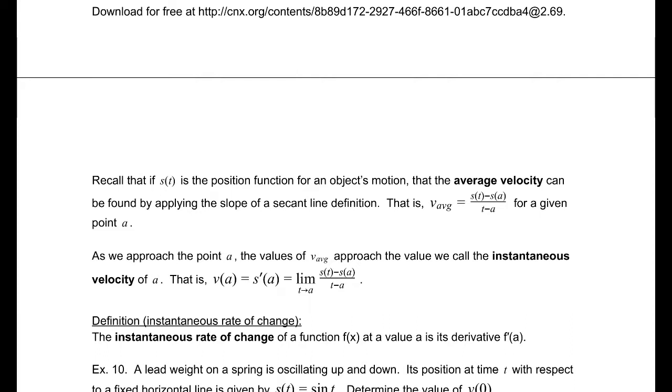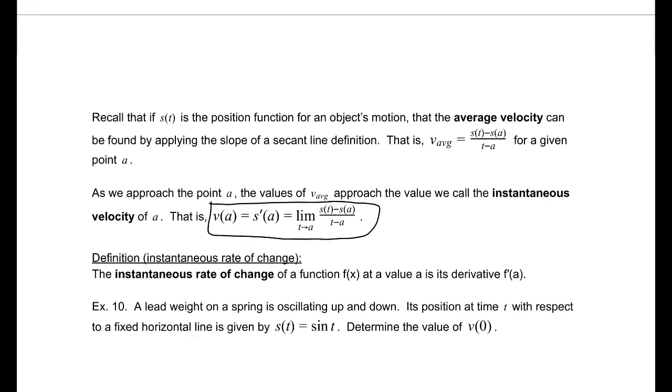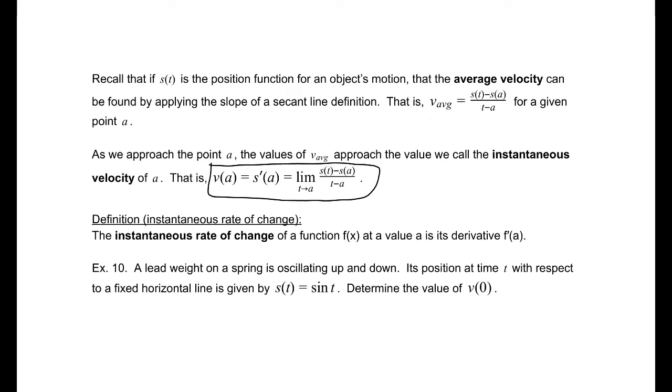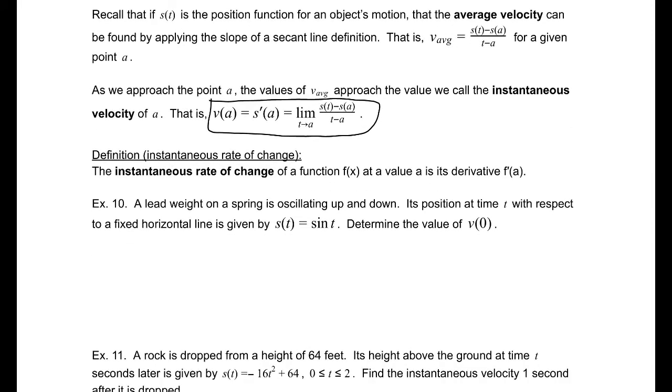And now we can say the instantaneous velocity at a is the derivative of the position function, which is that limit. And the instantaneous rate of change of a function at that point is its derivative at that point. Okay, so a couple of examples we have here.